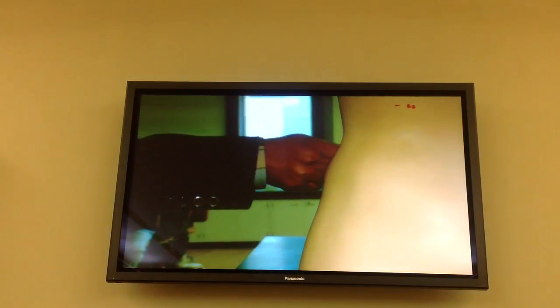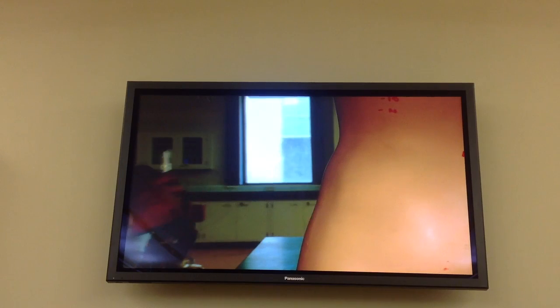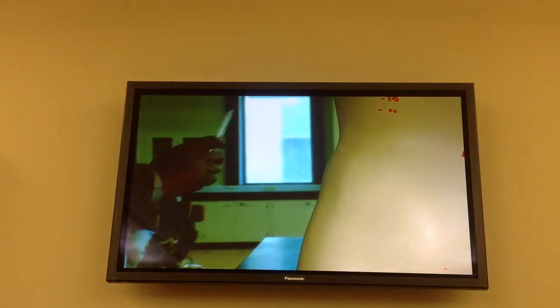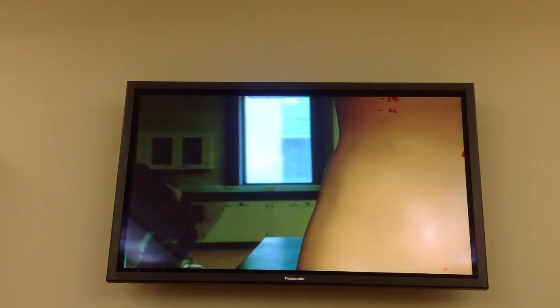What is this big vessel? Common iliac. Then it divides into two: external, internal. Right? What is this? Inferior vena cava. It divides into two common iliac veins. Again the same: external iliac vein, internal iliac.